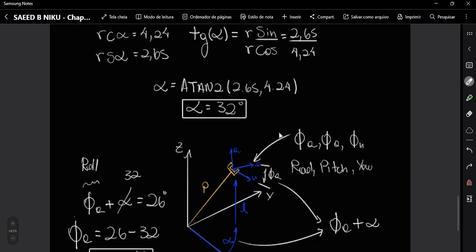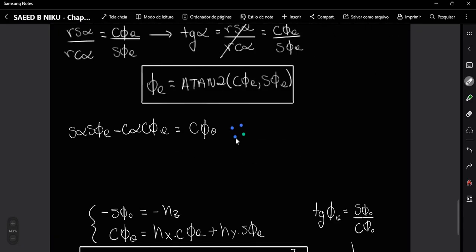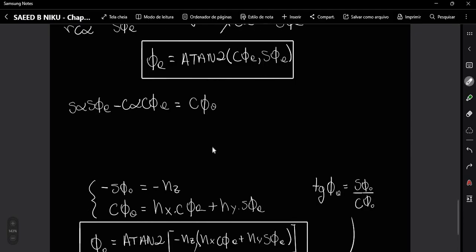So it is a pair composed by cosine and sine. Right here we end up with the same resolution, a sine and cosine pair, and I need to write for phi o.